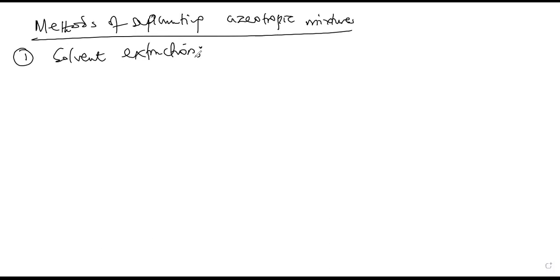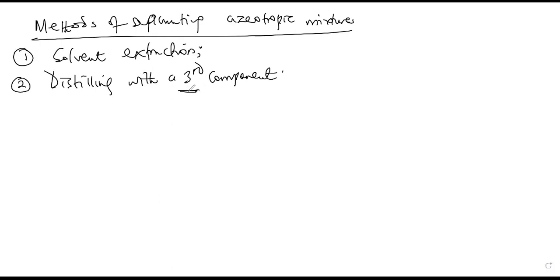Then method two, we can distill with a third component. During this, the third component should mix with one of the components of an azeotrope to form an ideal solution and be immiscible with another component. This third component is like when someone tells you that you are a third party in a certain issue.